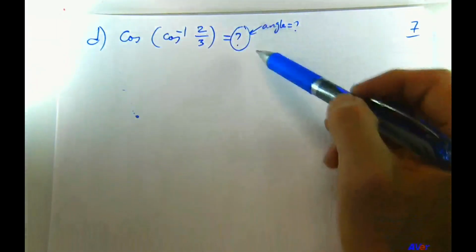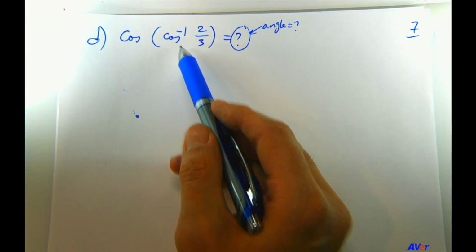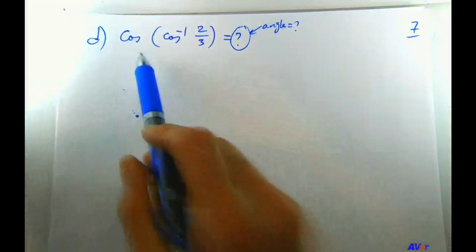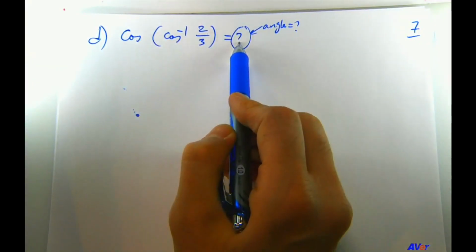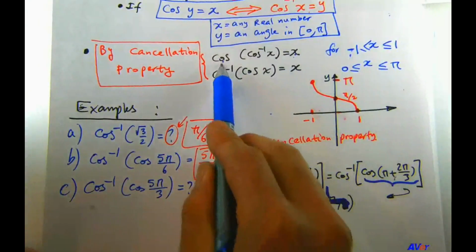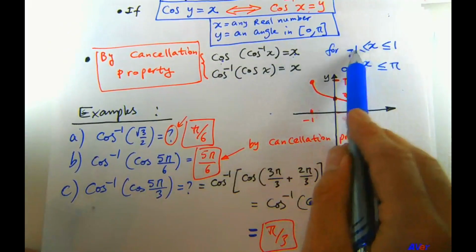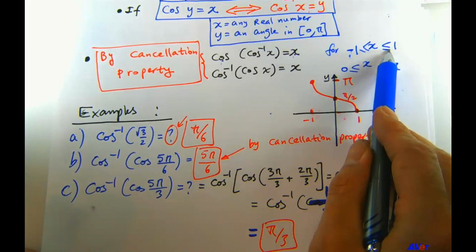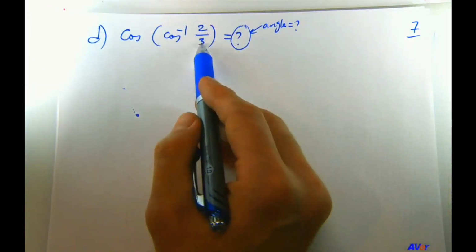So by cancellation property, this is the range of the cosine function. The range of the cosine function can be anything between 1 and -1. So we can just say by cancellation property it is equal to 2/3, which would be x, right?